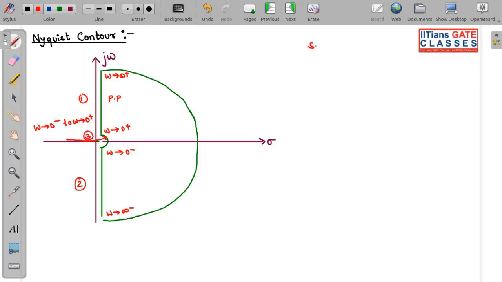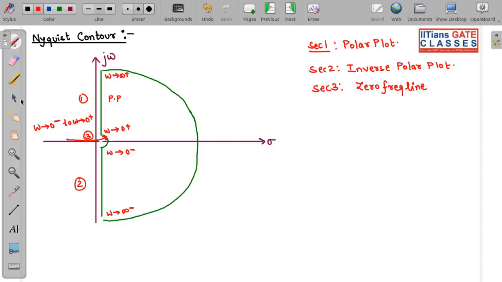I told you section 1 is your polar plot. Section 2, or region 2, is your inverse polar plot. Section 3 is your zero frequency line.